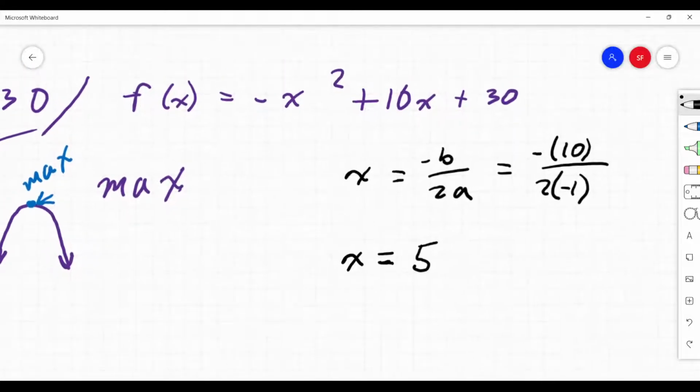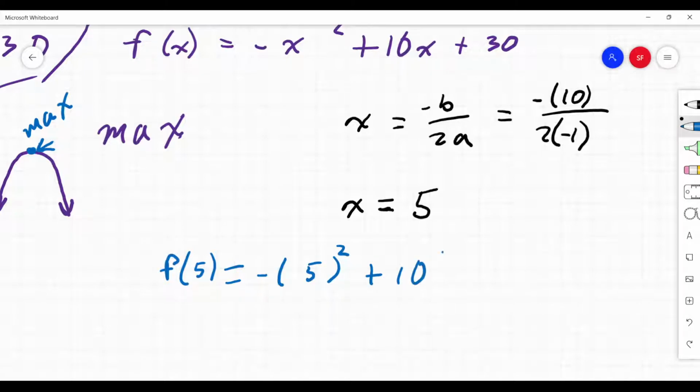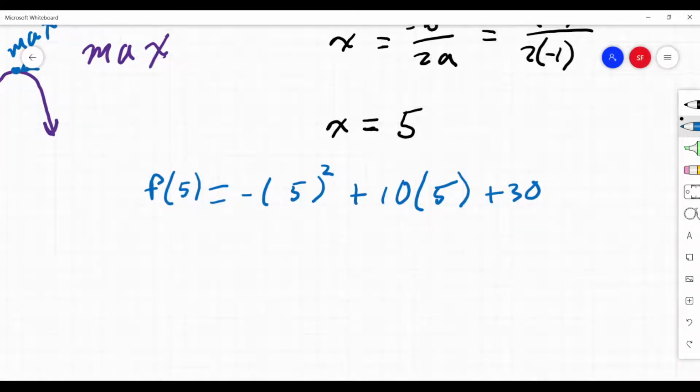Okay. So to find the y part, which is what we're actually interested in, what do we do now? We do f of 5. That is right. It is not even that.